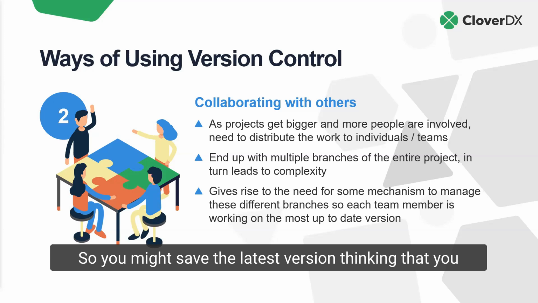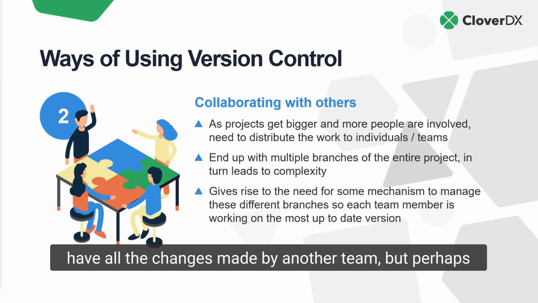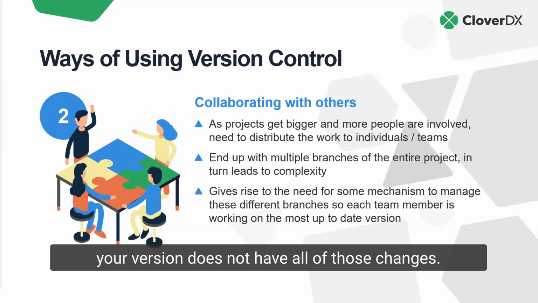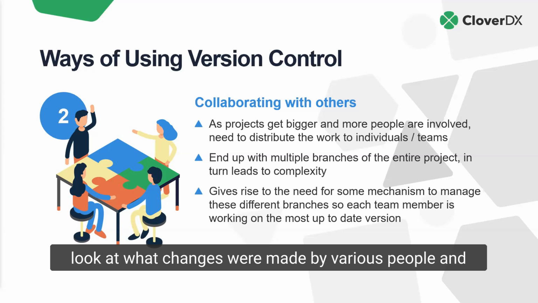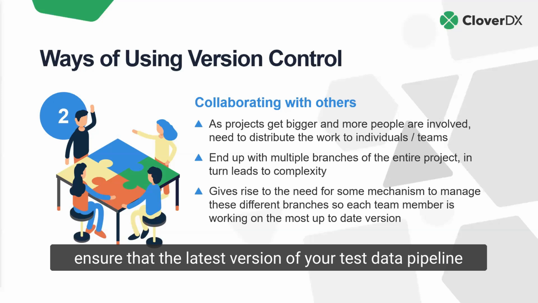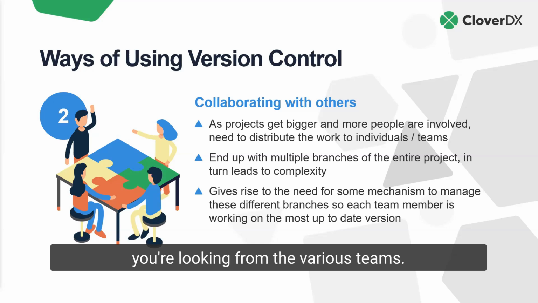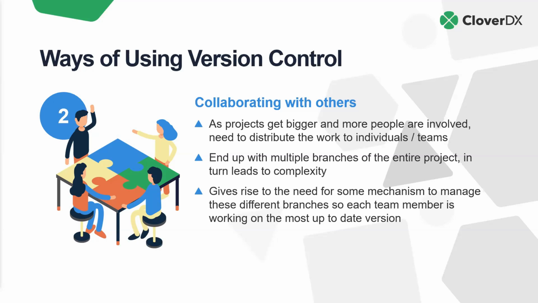So you might save the latest version thinking that you have all the changes made by another team, but perhaps your version does not have all of those changes. So you have the ability to take a look at what changes were made by various people and ensure that the latest version of your test data pipeline or production data pipeline has all of the changes that you're looking for from the various teams.